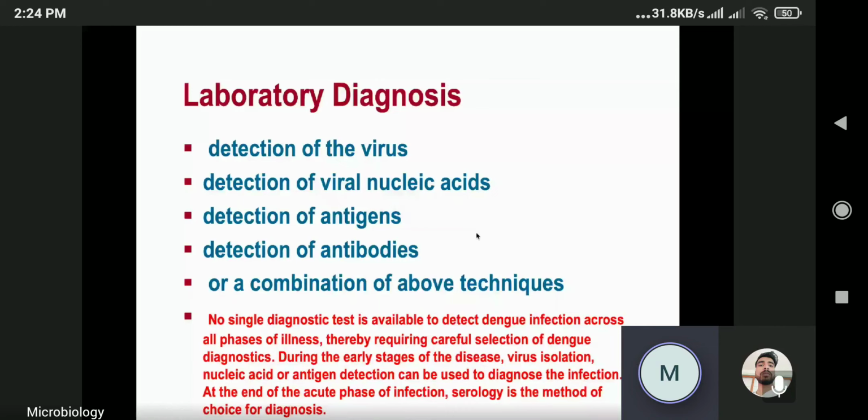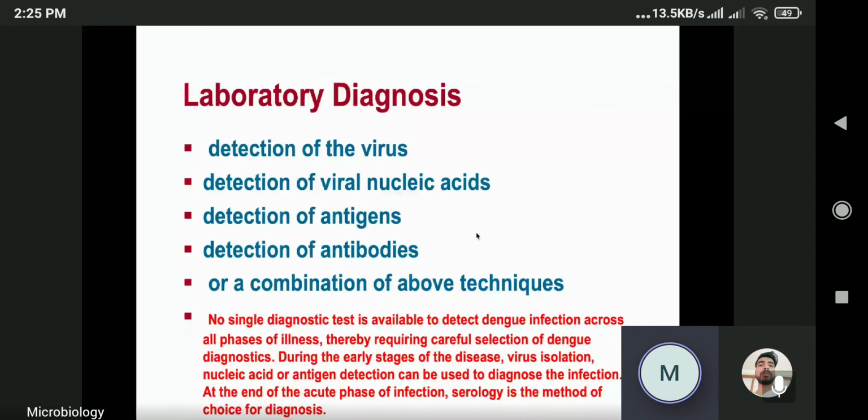In the early stage, we will detect antigen, and in the later stage of the disease, we can detect antibody. These can be detected based on antigen antibody reactions, and rapid kits are available to detect them from the patient serum.